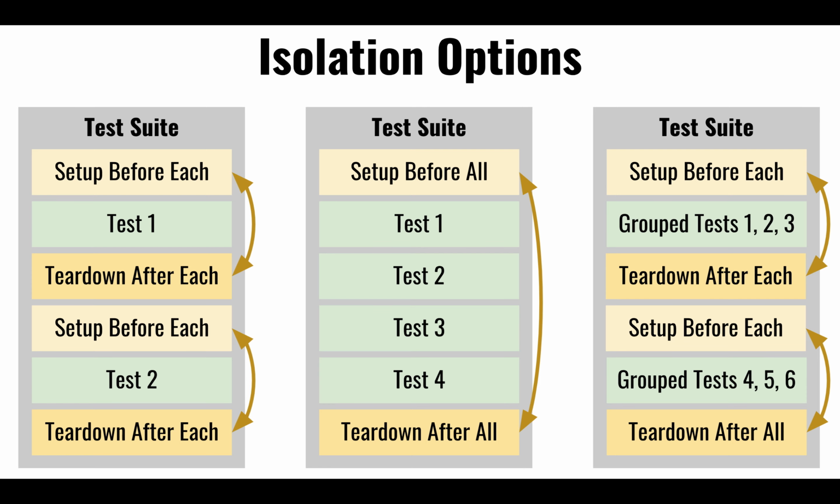Now there's all sorts of possibilities on how we can isolate one test from another test. The more common one is that the framework will allow us to execute a piece of code at the beginning, right before any one of the tests runs.